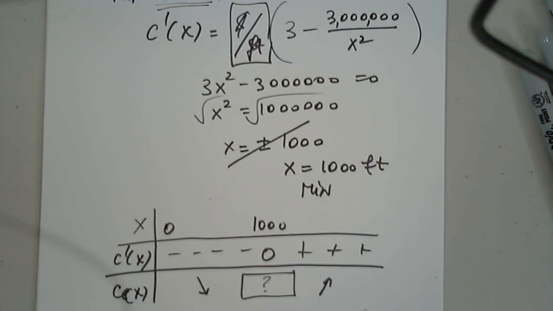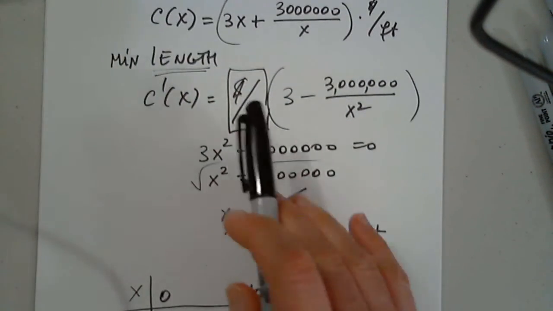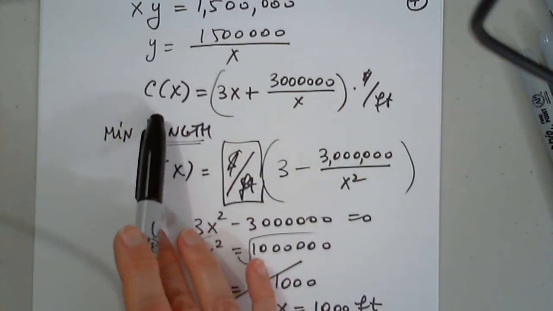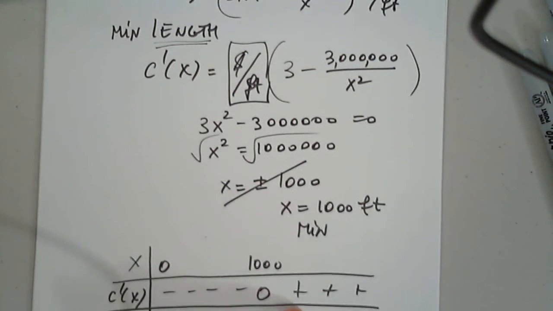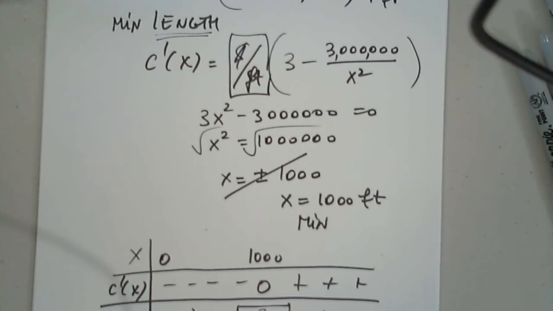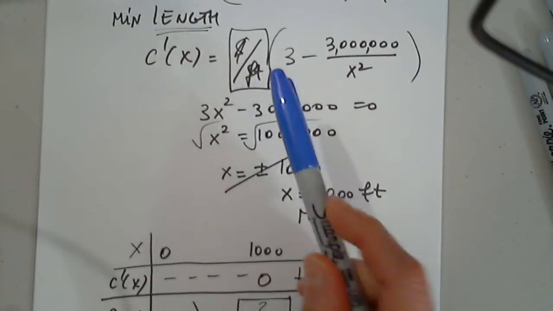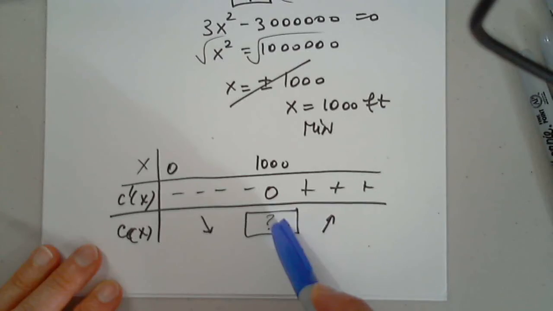So hypothetically, let's just say the cost is $3 per foot. That would just stay a constant. It's a constant when you differentiate a constant times a function. Only the function gets differentiated. But if I have this number, then I can determine it.